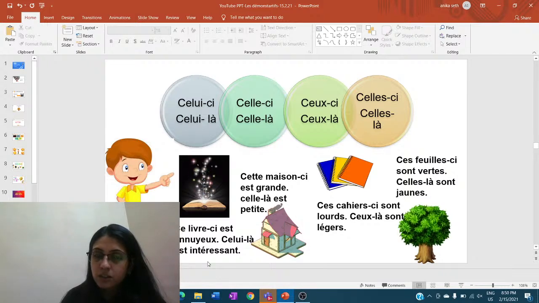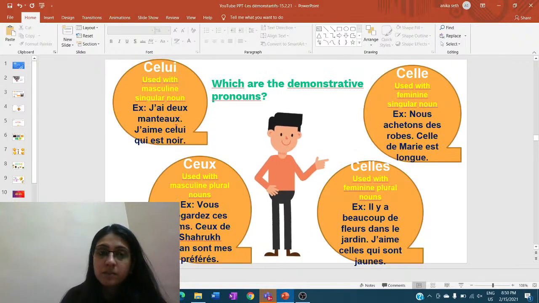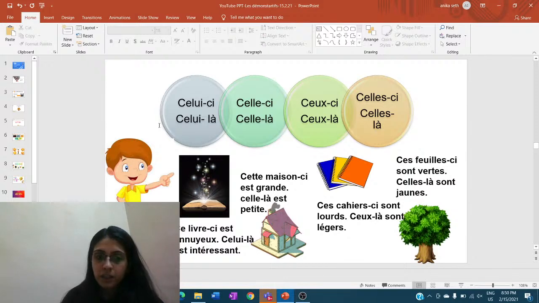This book here is boring and the one there is interesting, right? So in the previous one we say celui-ci est noir, celui-là est rouge. This one is black, that one is red. But there we are just saying that out of these two I like one, and here we are comparing both the books.